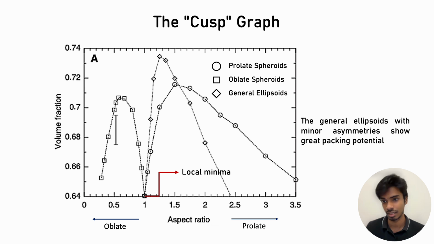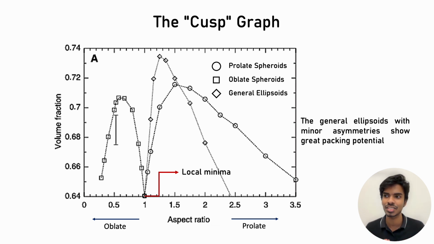So for a sphere, while you are trying to pack it randomly, the volume fraction is the least. But if you try to change the aspect ratio even slightly, you can see that the volume fraction is spiking up, which says that the sphere is not the most optimum shape for random packing.